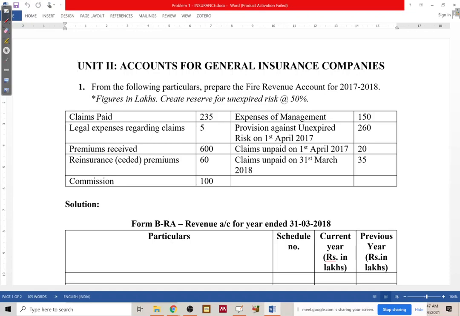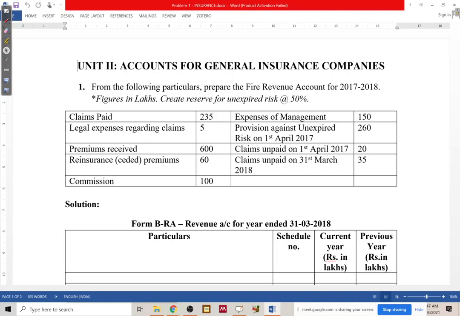Third, we have the balance sheet. Unlike banking companies that we have seen earlier, in addition to the profit and loss account and the balance sheet, we have yet another account which we will prepare before the P&L account. That account is known as the revenue account.